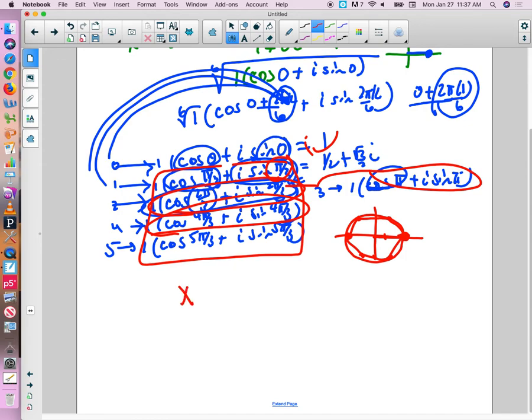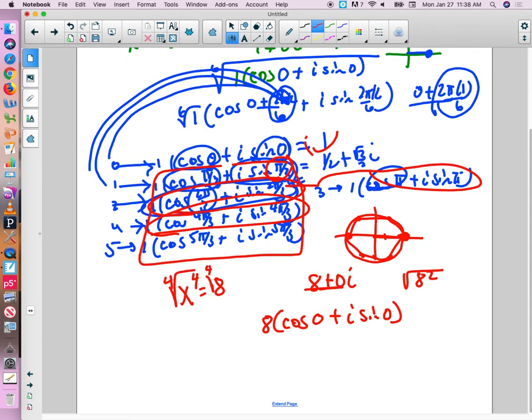So if you want to solve something like this, you would write it as 8 plus 0i. You would find your argument, which would be the square root of 8 squared, so that would be 8 times cosine. You would find your angle, which in this case again would be 0, plus I sine 0. And then you would take the 4th root of it to solve for x, and there should be 4 answers.